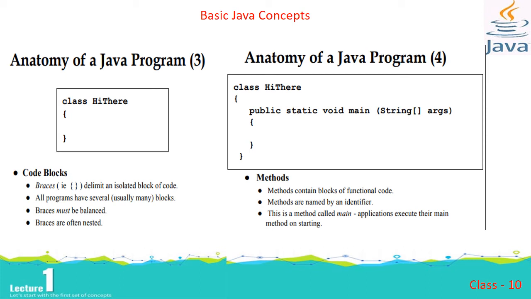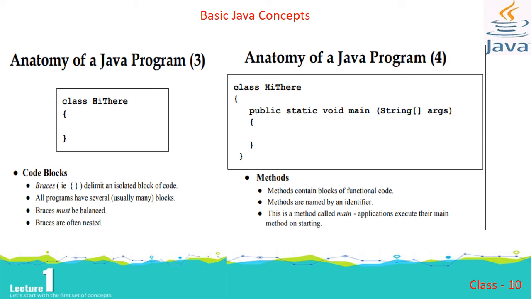We'll learn this in the later part. Now the method contains a block of functional code. Whatever we write here, the public static void main, I'll explain in the later part, but here this is a method. The method is identified by a name, just as the class is identified by the name of the class.